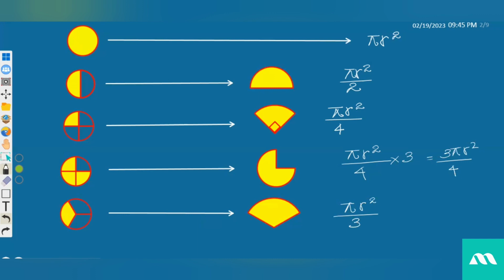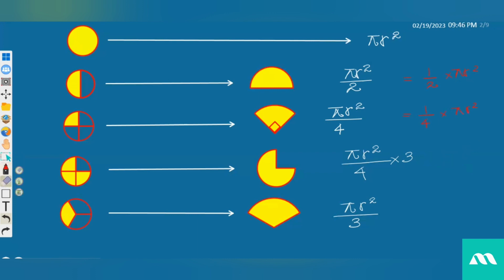The main thing to consider here is that pi r squared upon 2 is the area of the semicircle. If we consider the fraction, it is 1 upon 2 times pi r squared. For the quarter, it is 1 upon 4 times pi r squared.